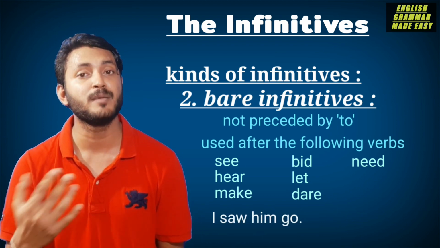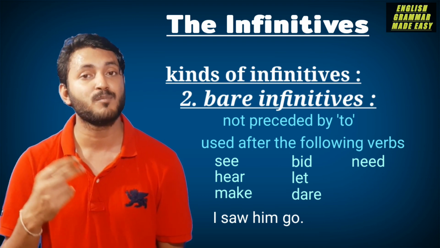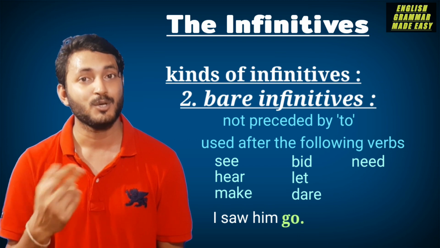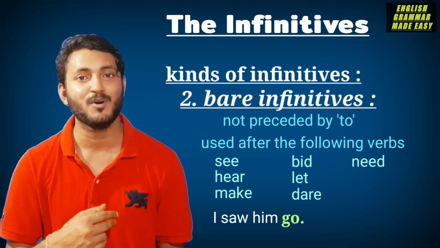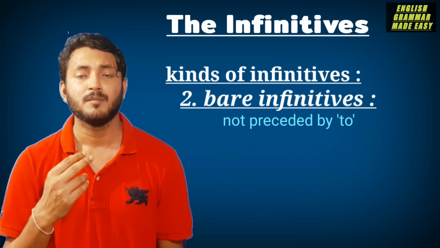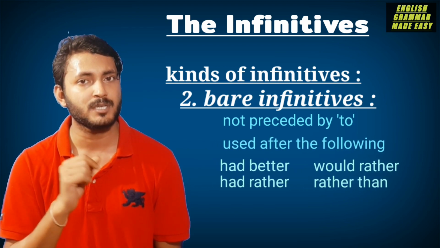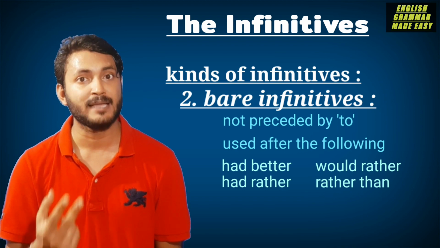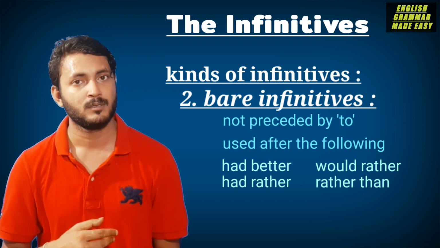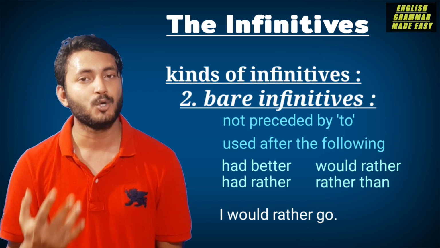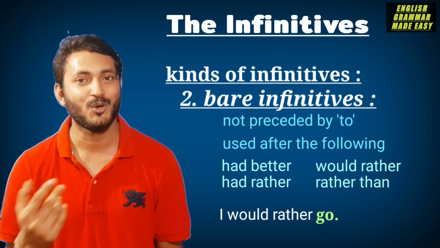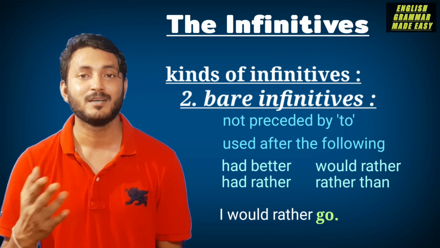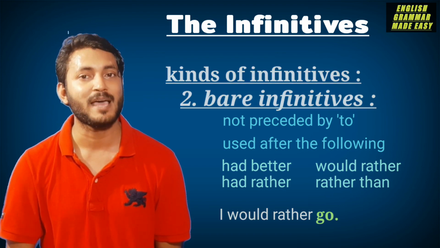If I say I saw him go, saw is the past form of the verb see. It is the main verb of the sentence, and our infinitive is go. Go is the base form of the verb go, right? Bare infinitives are also used after certain expressions like had better, had rather, would rather, rather than, etc. If I say, I would rather go, our infinitive is go. Go is the base form of the verb go and it is used after the expression would rather.